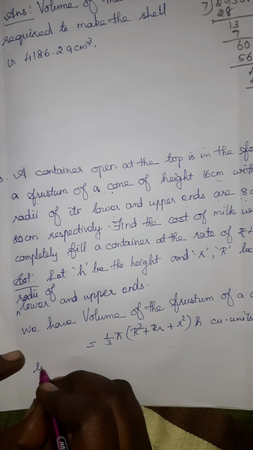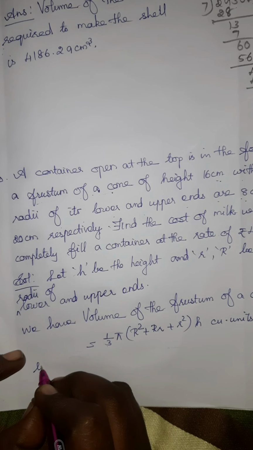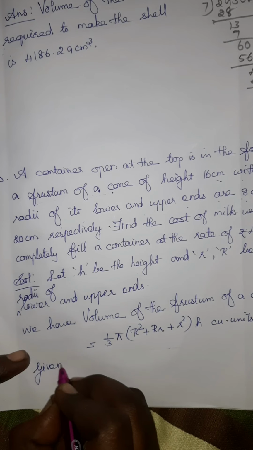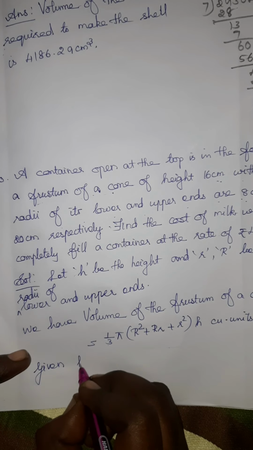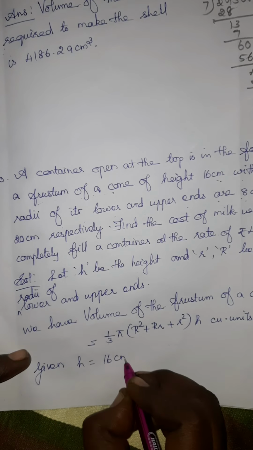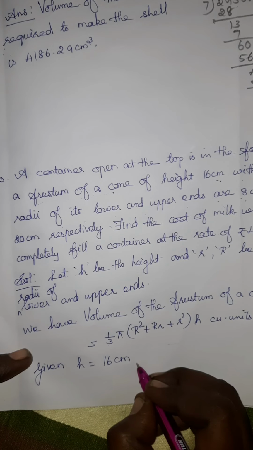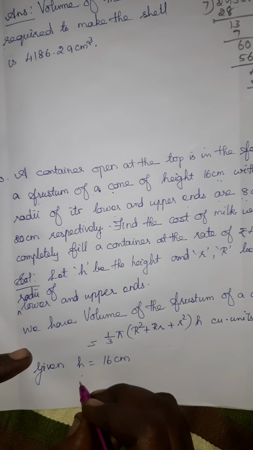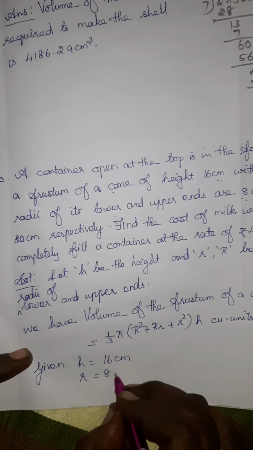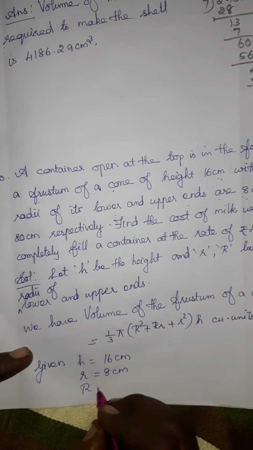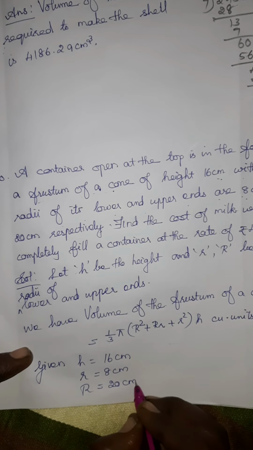So we can write what values are given according to this formula. Given h is equal to 16 centimeter, the lower end small r is equal to 8 centimeter and capital R is equal to 20 centimeter.